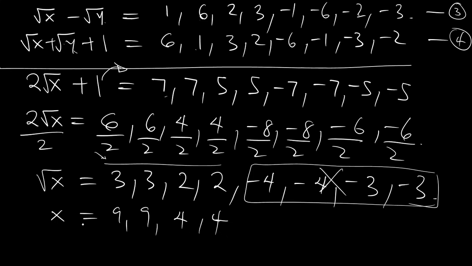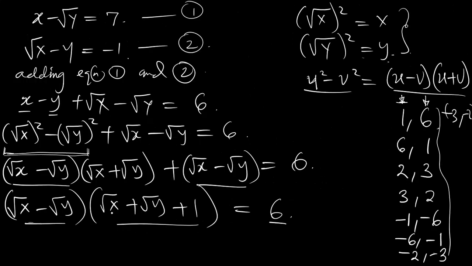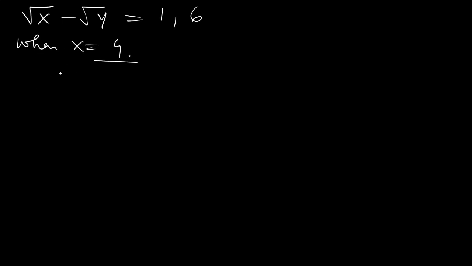Now let's say when x is 9, this expression is 1 or 6. So for square root of x minus the square root of y equal to 1 or 6 when x is equal to 9, let's work it out.